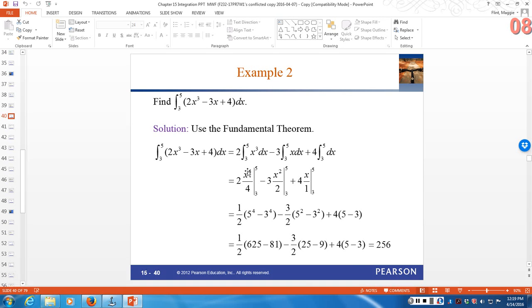Instead of taking the power, bringing it down front, multiplying by it, and then subtracting 1 from the power, we go backwards. We add 1 back to the power, and then we take the thing we had dropped down in front and divide by it. You're undoing what you did when you did the derivative. So divide by whatever the new power is.